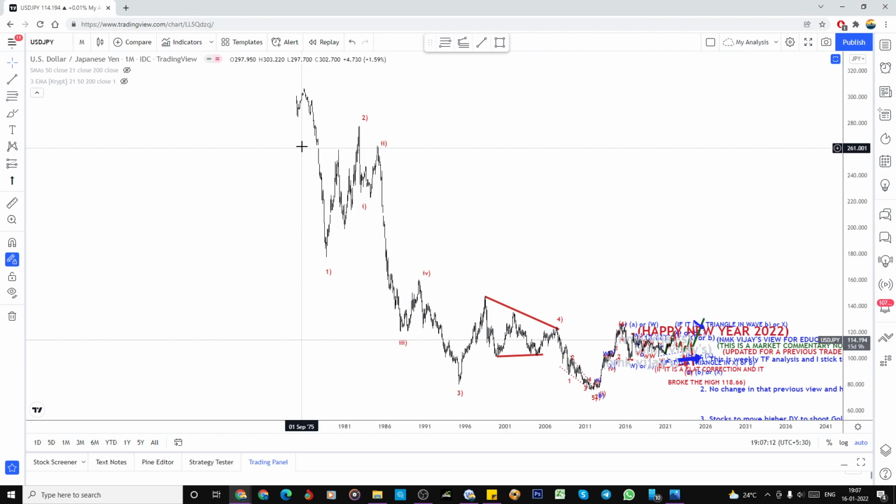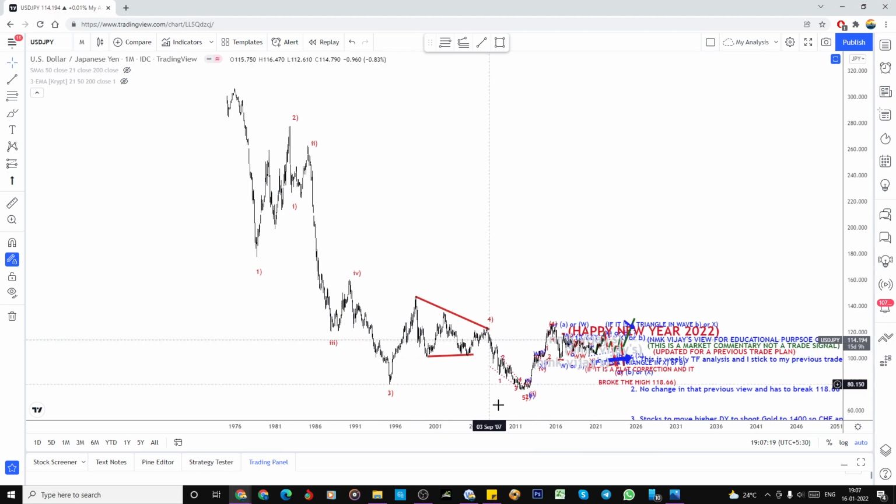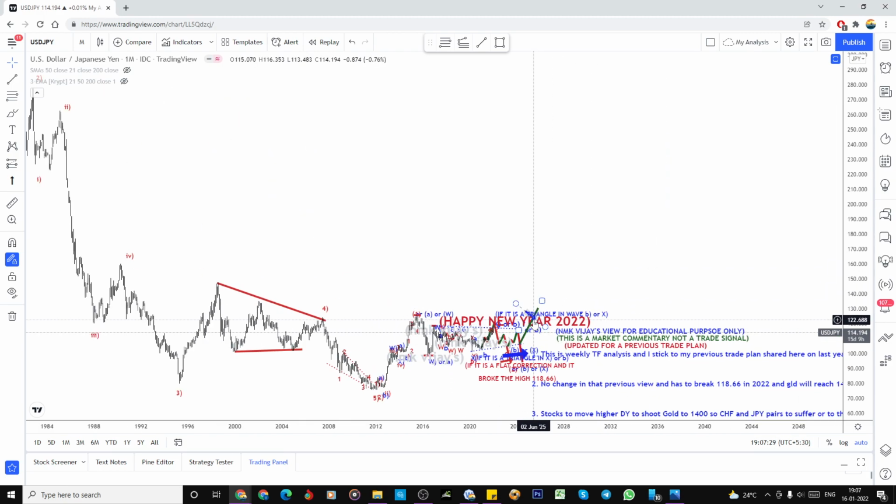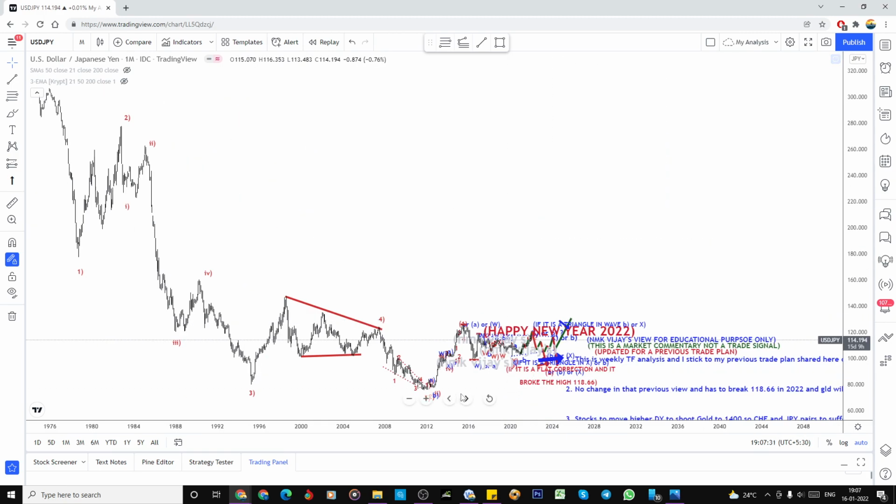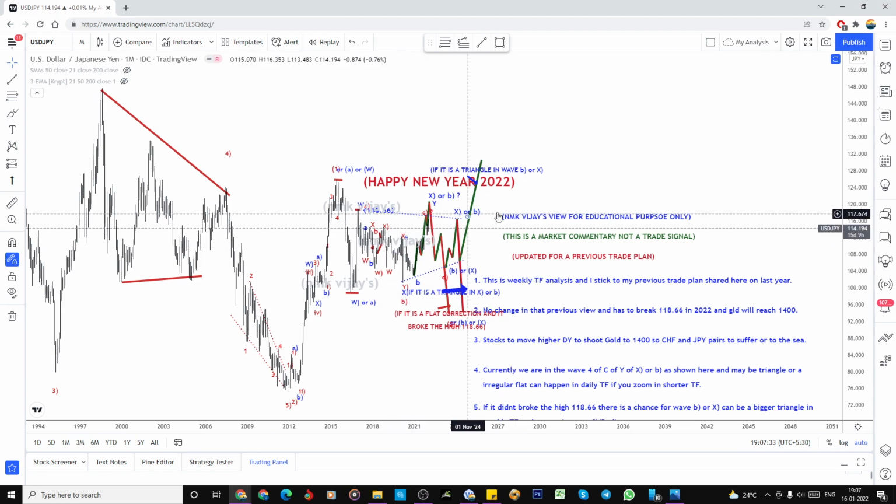So if the impulsive wave itself took 35 years, what about the correction? You have to understand this. So still we are in the correction. Just now the correction has started.